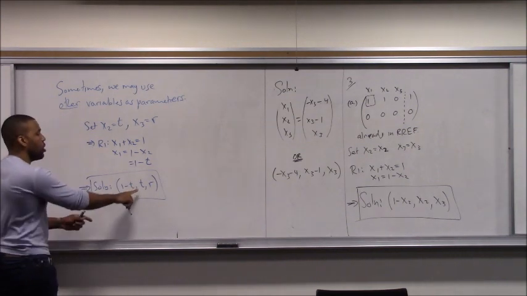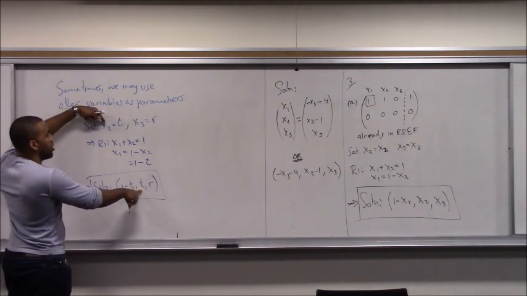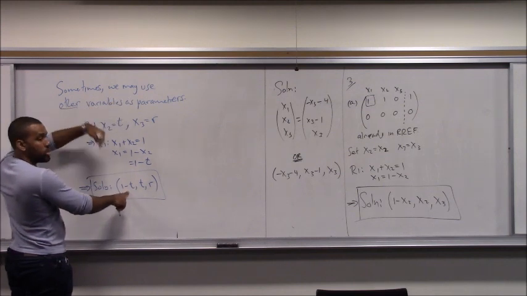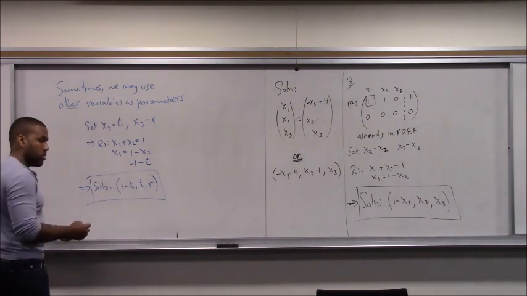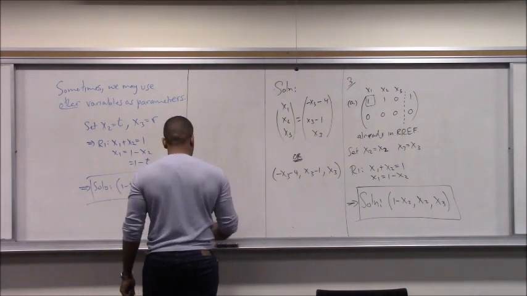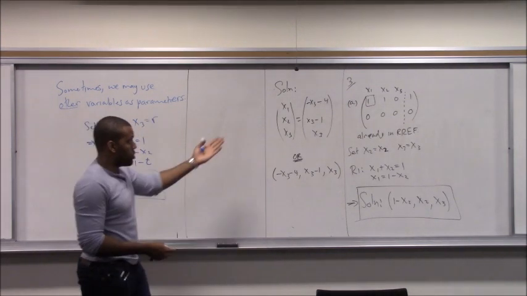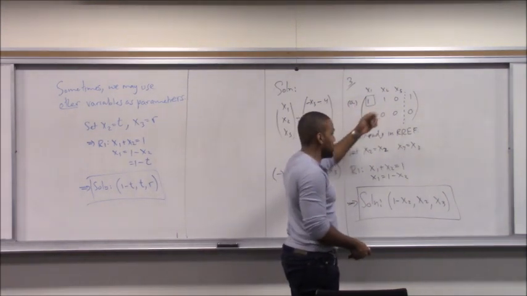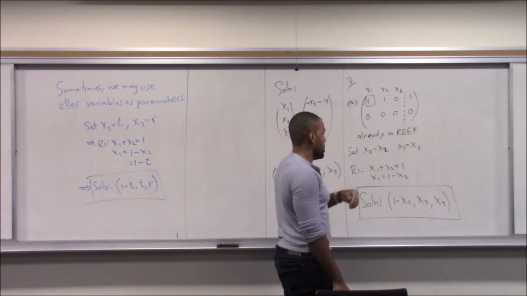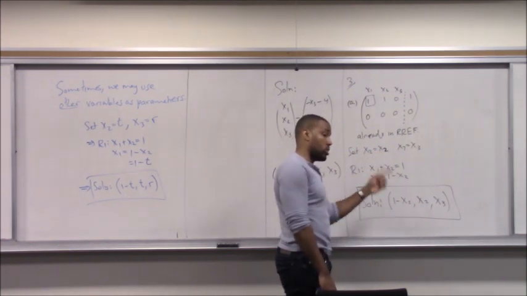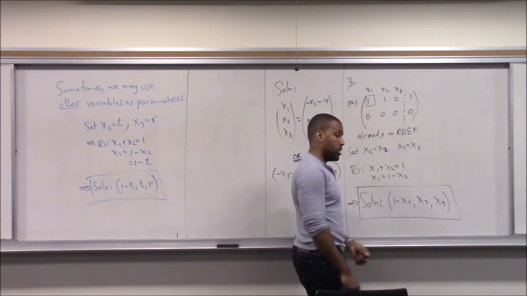They called x2 t and x3 r, and solved for x1 in terms of those. That's it. Once it's in reduced row echelon form, identify the variables that do not have pivots, set them equal to themselves, run through all the equations and solve for everyone else in terms of those, and write them in your coordinates.